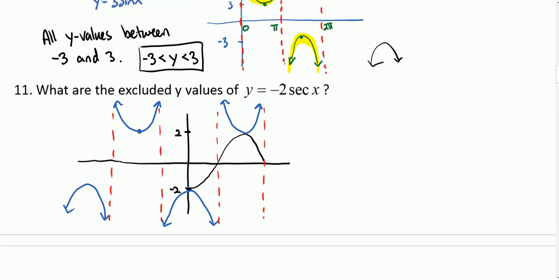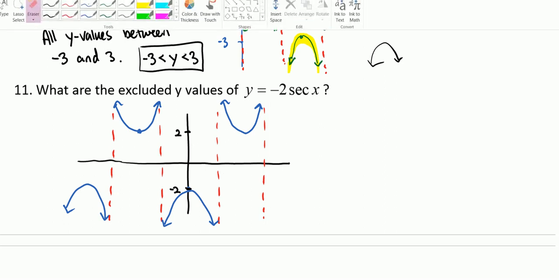And now I'm going to erase my helper graph. So there's the graph of y equals negative 2 secant x. And you see again there's this white space, this gap between the blue graphs, and that's between 2 and negative 2. So what are the excluded y values?